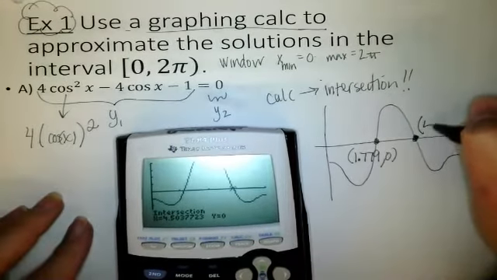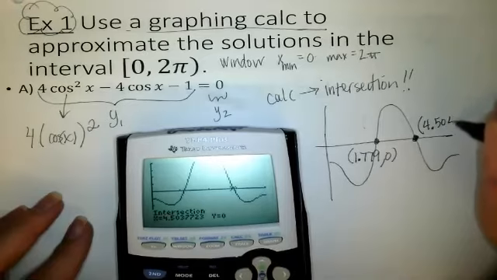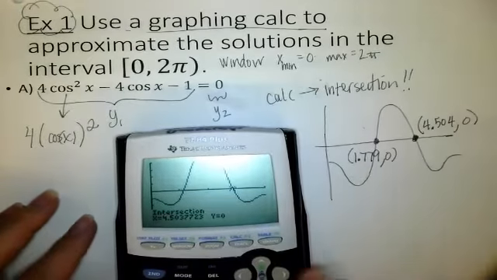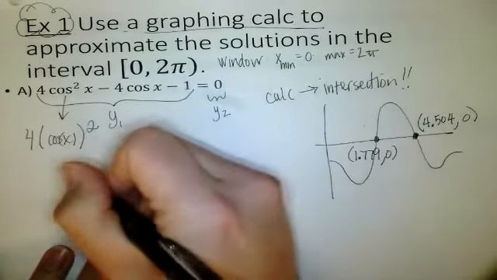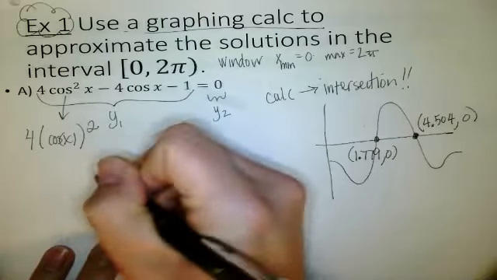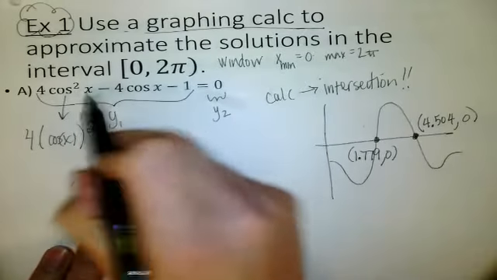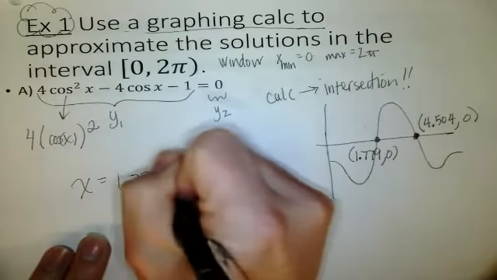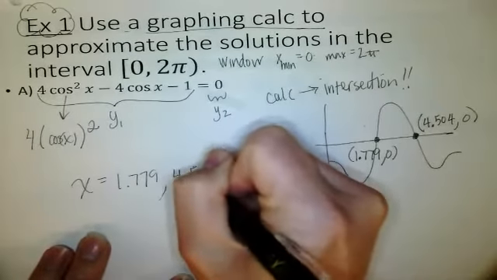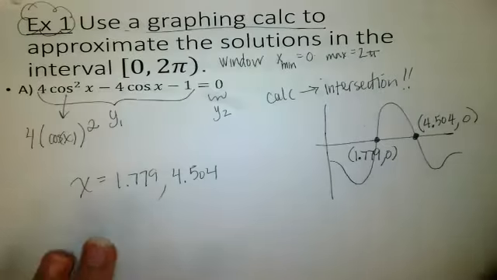Enter, enter, enter. We get 4.504, comma 0. So the solutions for our angle measure x are 1.779 and 4.504.